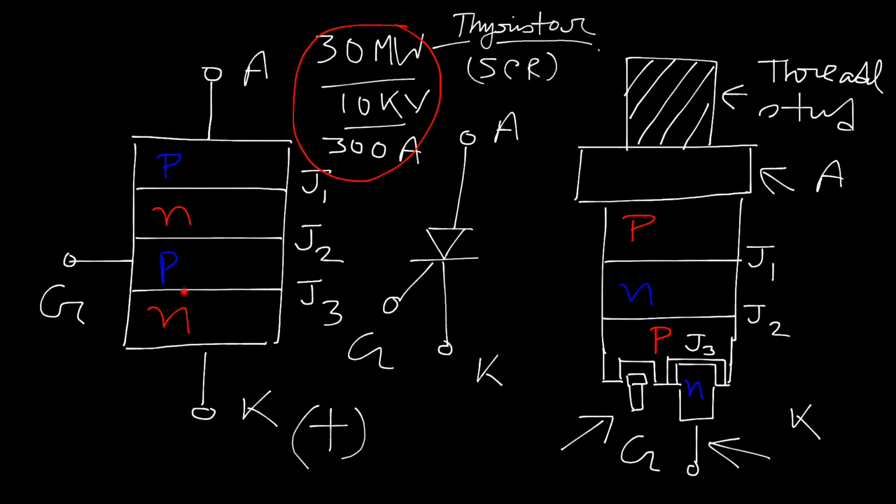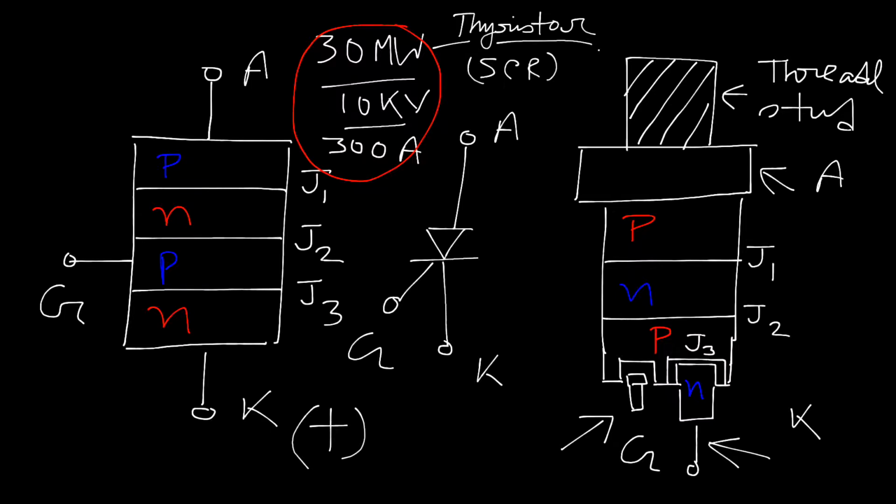The junction J3 is in reverse biasing condition as the current tries to flow from the N layer to the P layer, and junction J1 is again in reverse biasing condition, whereas the junction J2 is now in forward biasing condition. That means there is a tendency of formation of a depletion layer across junctions J3 and J1, and it will block the total amount of reverse biasing current.